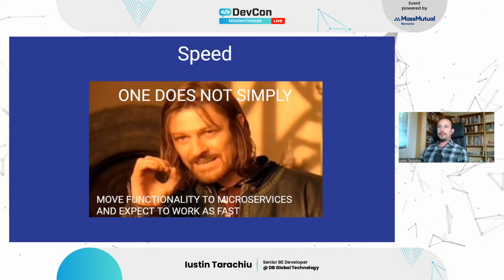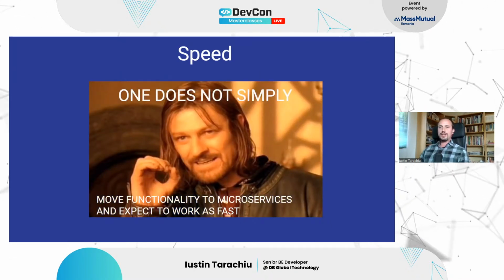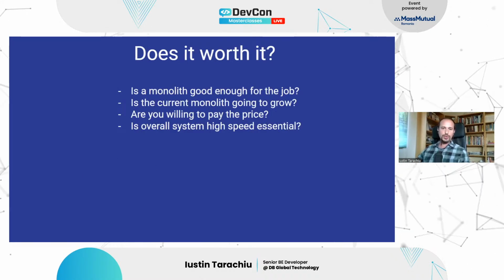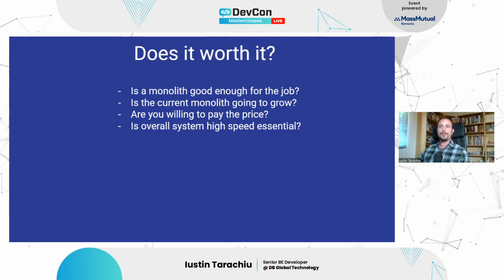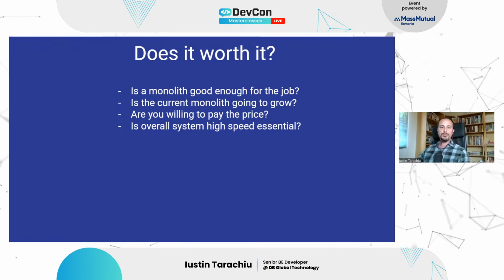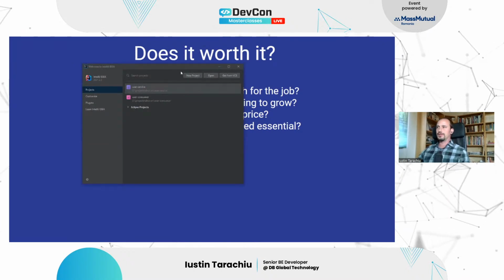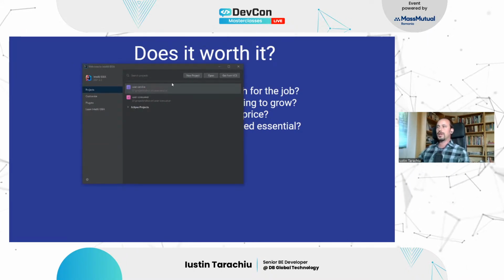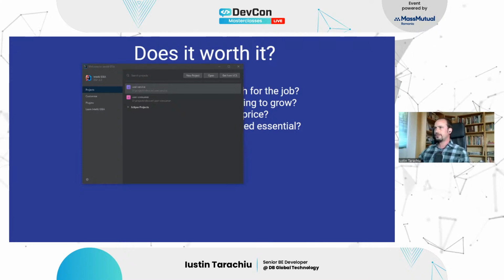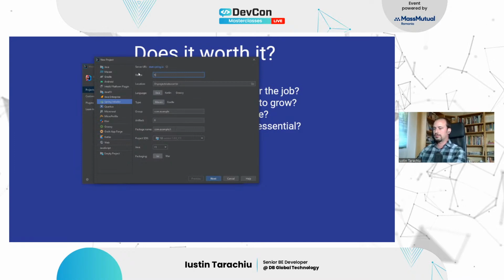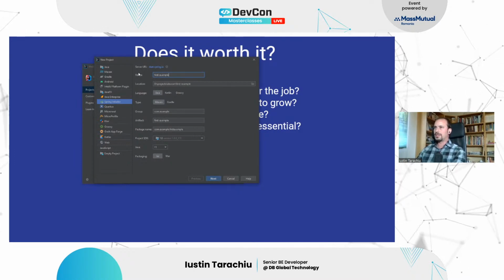Okay, and now one more thing I would like to show you, before we get to speed: how we can create in Java, using just Spring Boot, some very simple but effective microservices. Okay, so let's create a new project. Let's just name it first example.